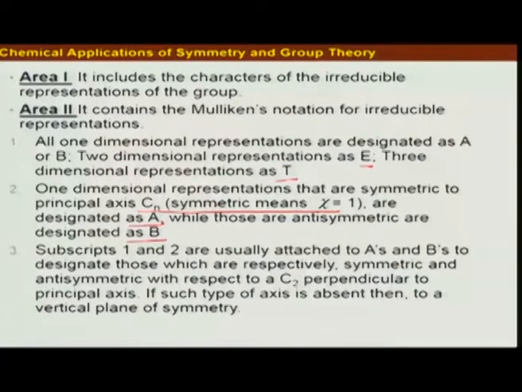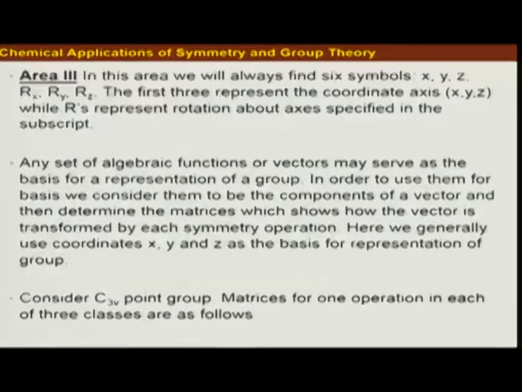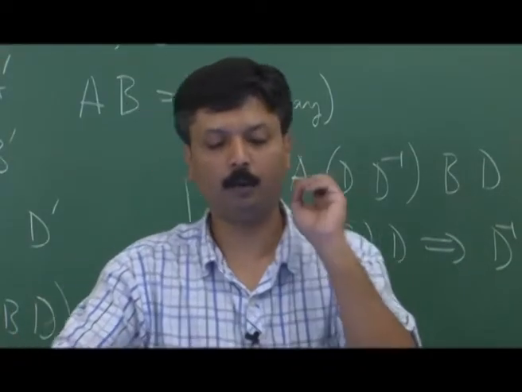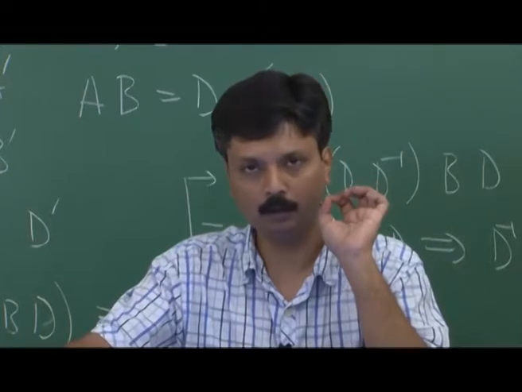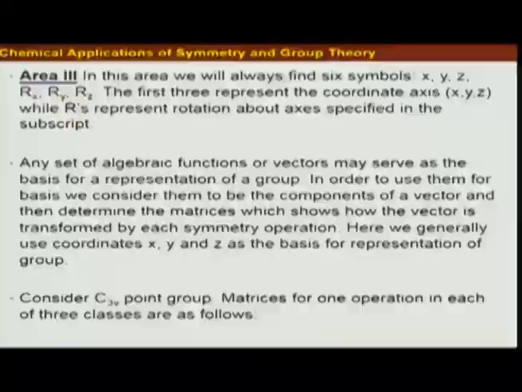So you will find that these are the only 6 symbols that you have in area 3 always in all of the character tables. Now their positions, they will be placed against certain irreducible representations. So that will depend on the particular property of the irreducible representation corresponding to that particular point group. Those we will discuss in detail at a later stage.